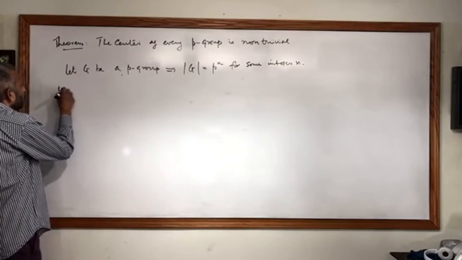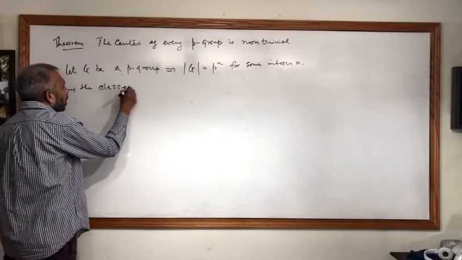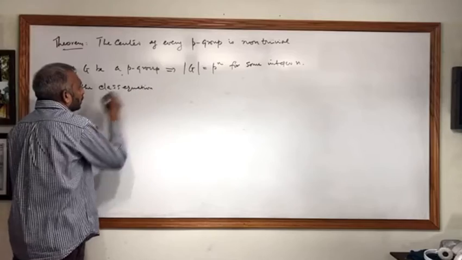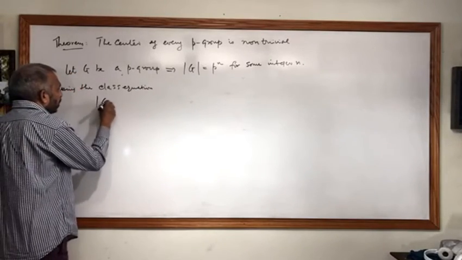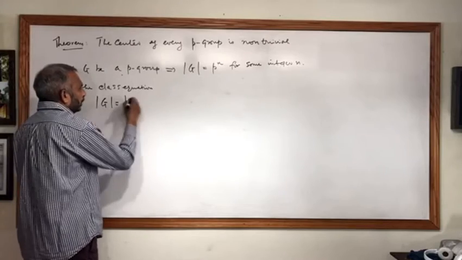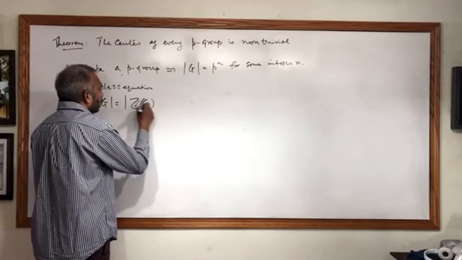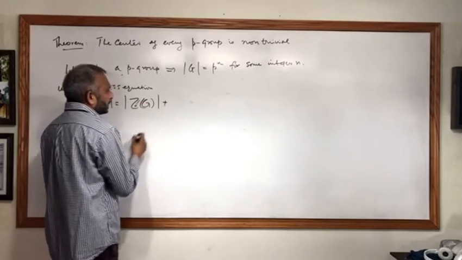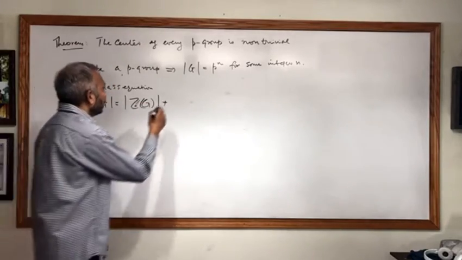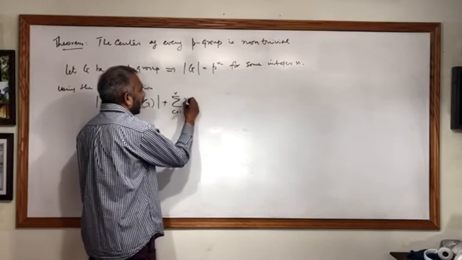So using the class equation, the order of G is equal to the order of the center of G plus sigma n_i, i from c plus 1 to r.